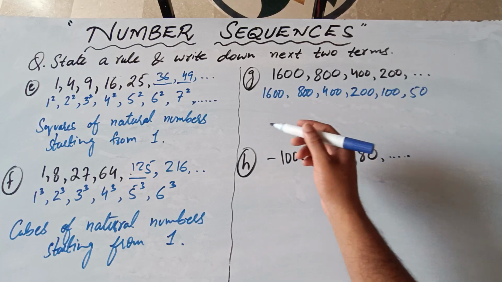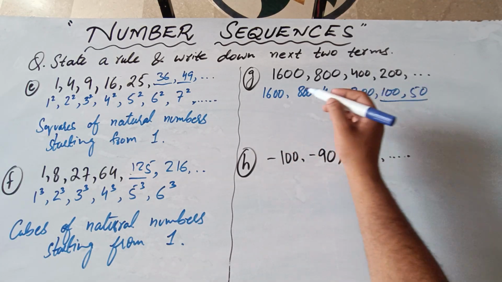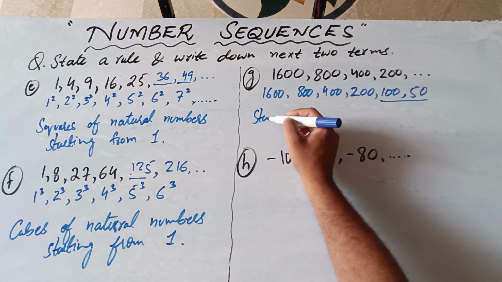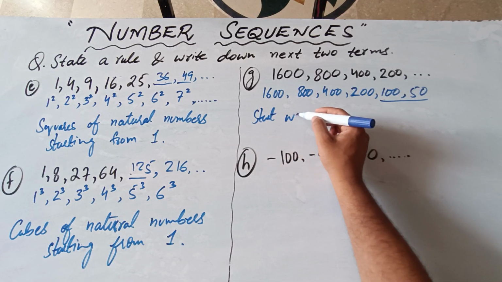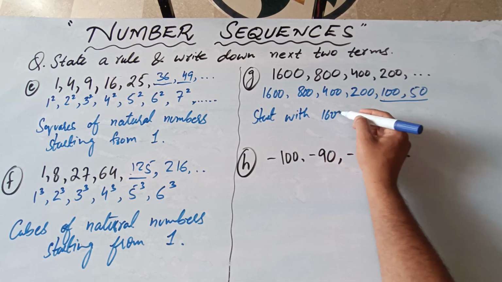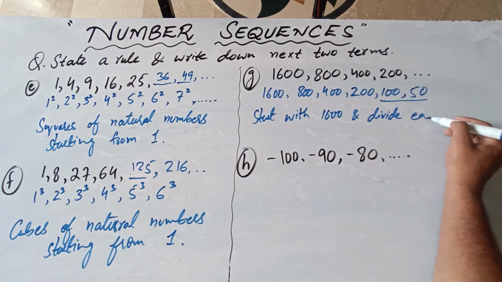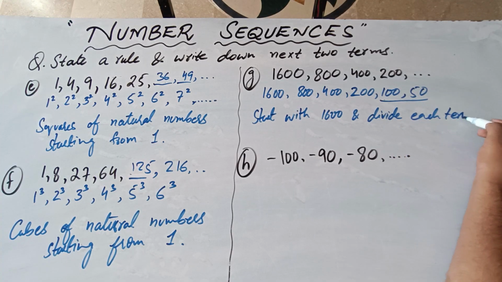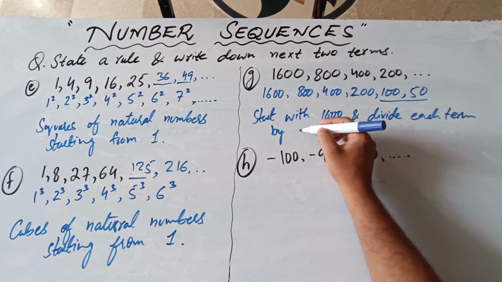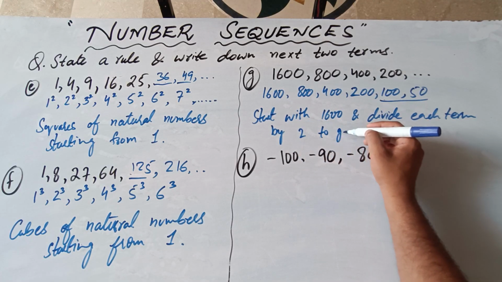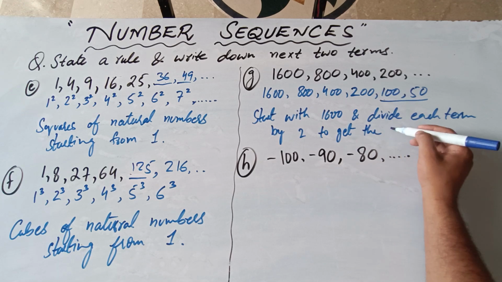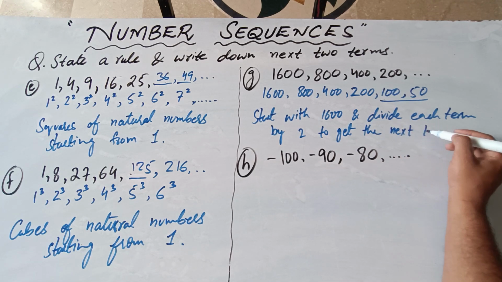And half of 50 would be 25, but they have asked for the next two terms. So start with 1600 and divide each term by 2 to get the next term.